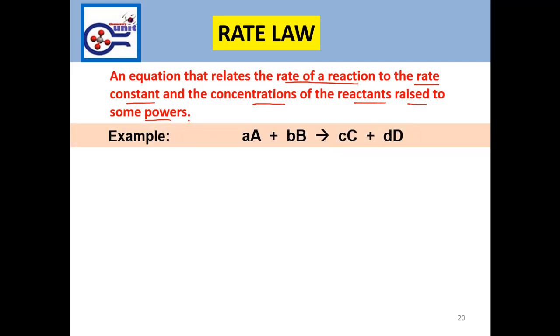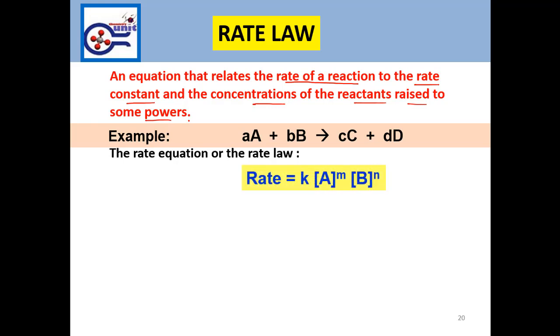Contohlah, the equation untuk rate law, rate of reaction sama dengan K, K ni adalah rate constant, concentration of A kita to the power of M, and then concentration of B kita to the power of N. Again dia hanya melibatkan concentration of reactant sahaja.